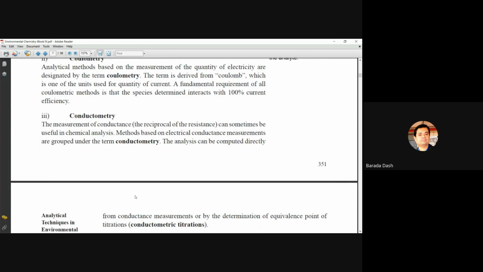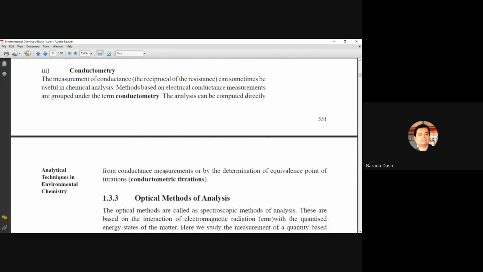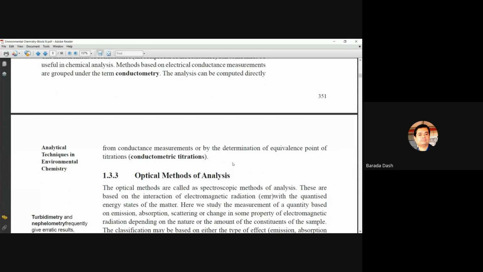Conductometry: the measurement of conductance can sometimes be useful in chemical analysis. Methods based on electrical conductance measurement are grouped under the term conductometry. The analysis can be computed directly from conductance measurement or by determination of the equivalence point of titration, called conductometric titration.